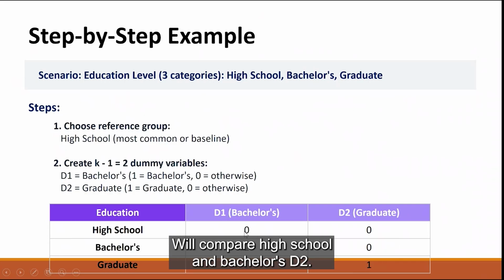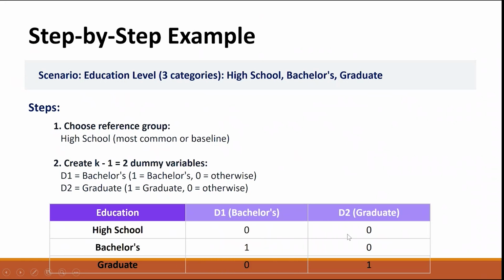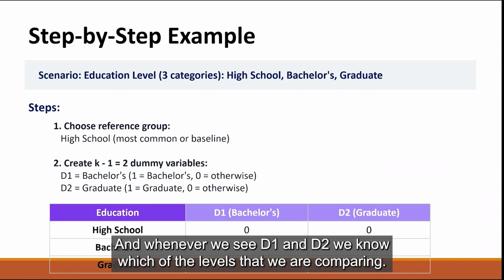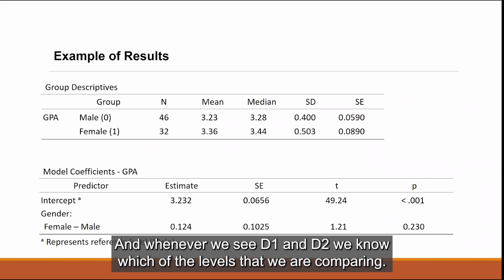D1 will compare high school and bachelor's. D2 will compare high school and graduate. Is that okay? And this will be entered into our regression model. And whenever we see D1 and D2, we know which of the levels we are comparing.